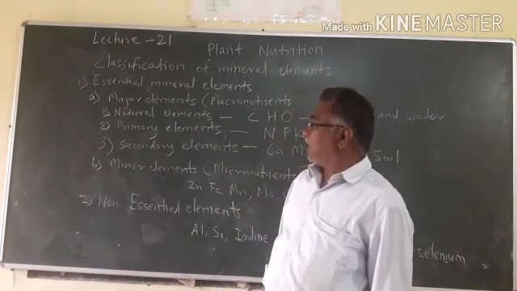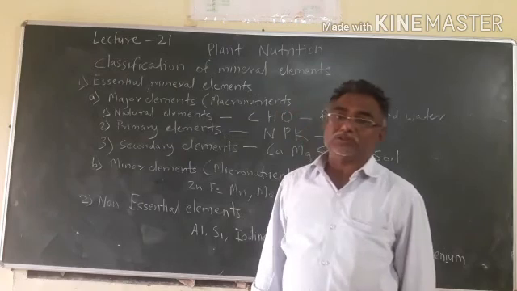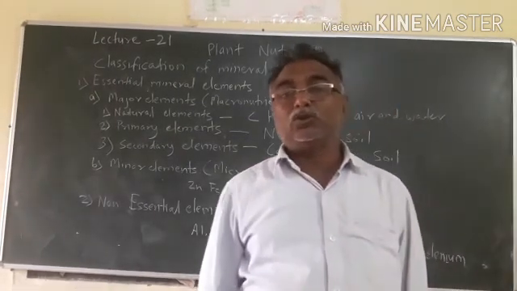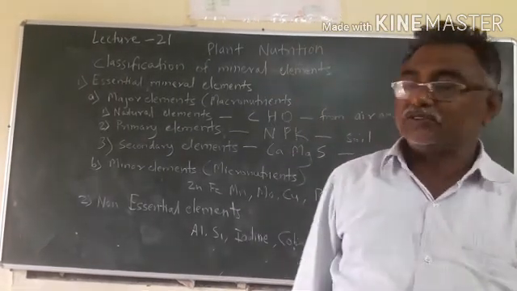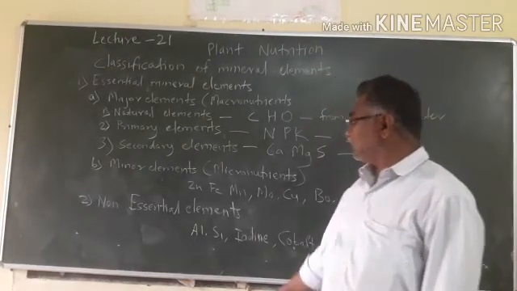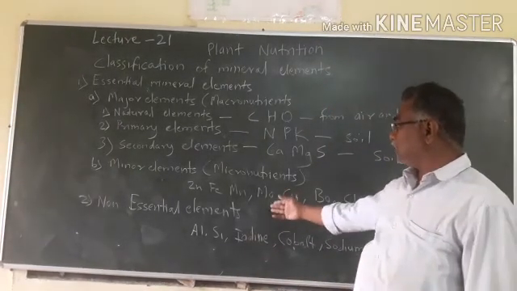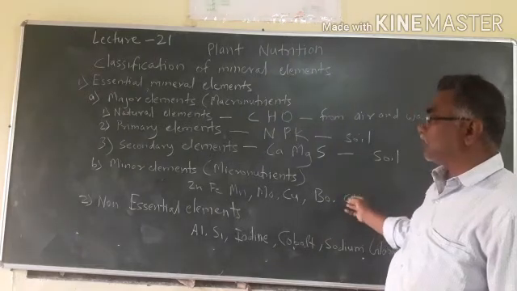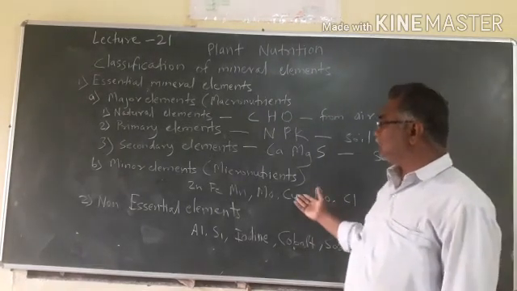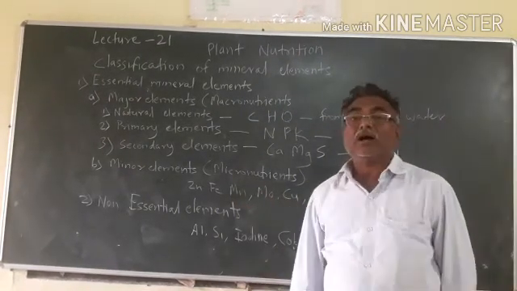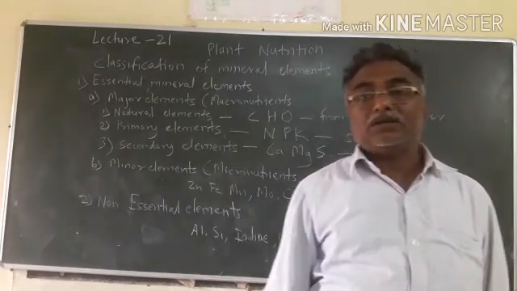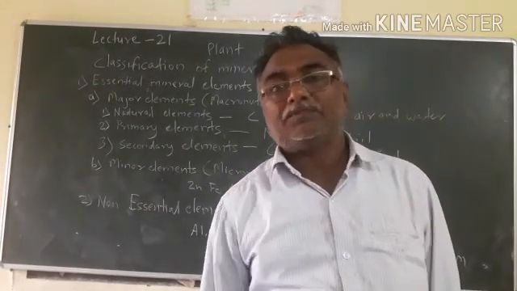Then there are some minor elements which are used in very small quantities. These are zinc, iron, manganese, molybdenum, copper, boron and chlorine. These 7 elements are used by the plant in very small quantity.